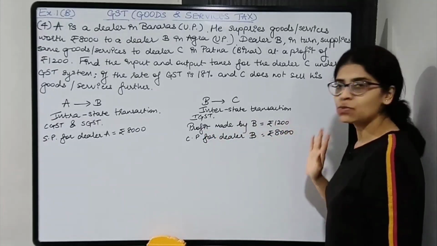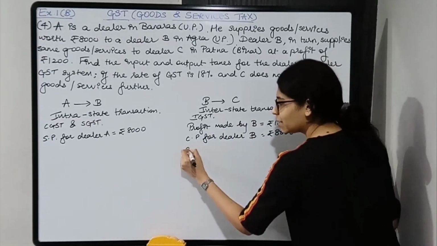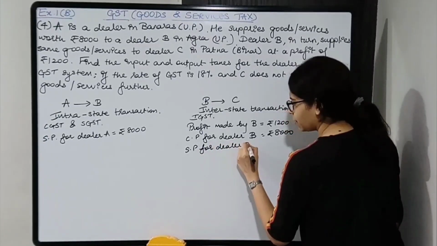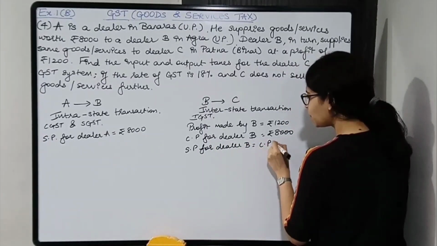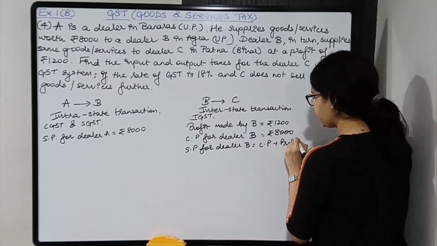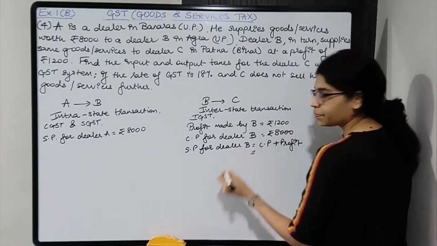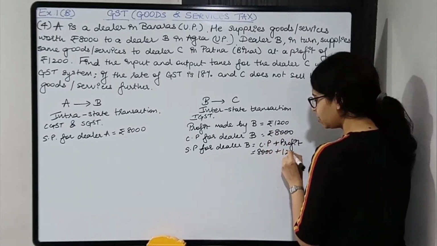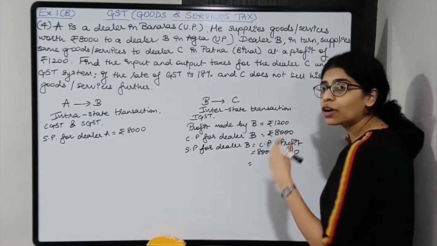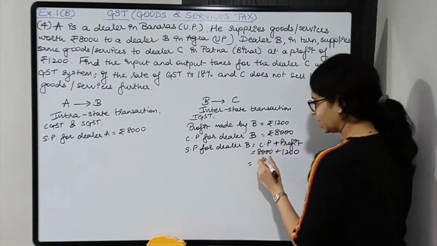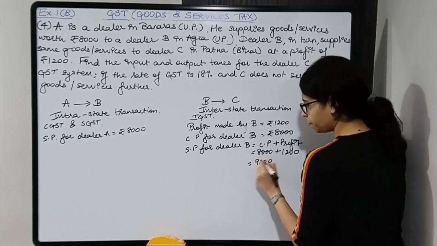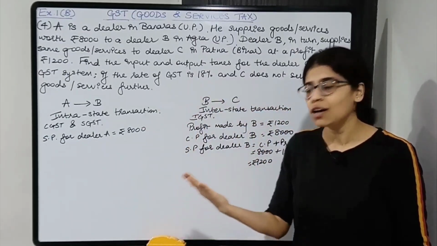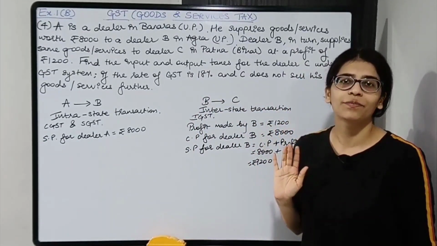Profit made by him is 1,200. Selling price will be the cost price plus the profit, right? Cost price 8,000, profit 1,200. So B is selling the same goods to C for rupees 9,200.